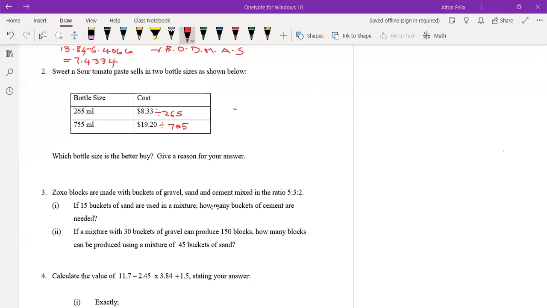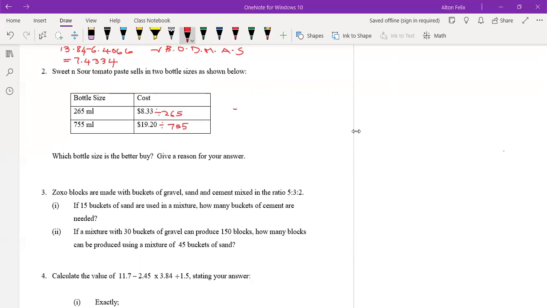Right, so if we perform the first division, 8.33 divided by 265. We're getting about 0.03, which is really 3 cents per ml. So in the first one, you're paying 3 cents per ml. Let's compare the price with the second one now. This one is $19.20 divided by 755.